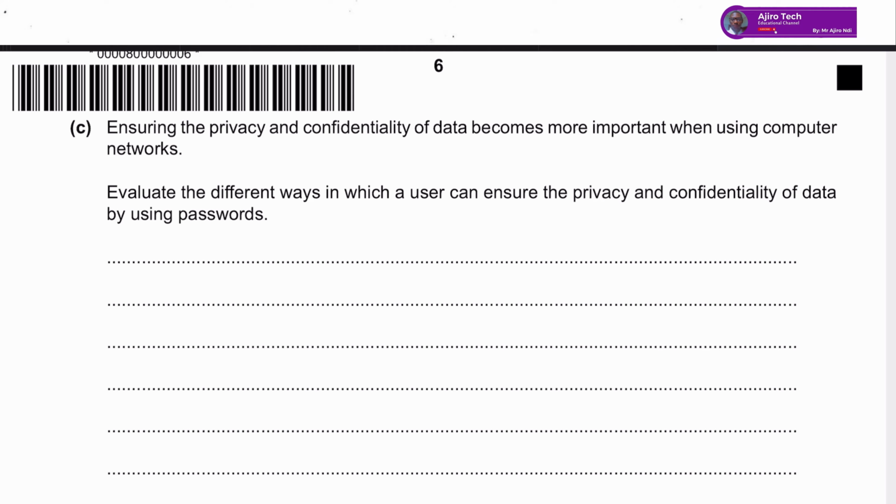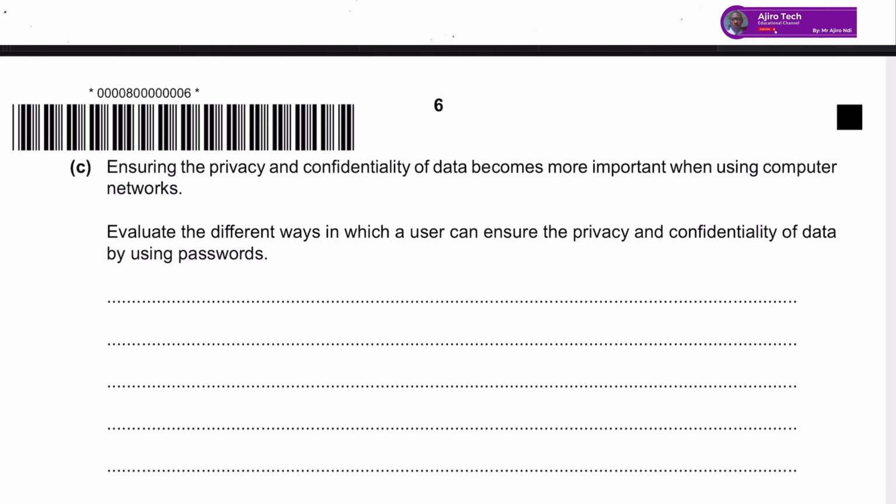Okay, so we've touched on something today. When we talk about passwords, you will see this in chapter 4. So I want to be specific. So I think this is C. Do we have D? Okay, so this is chapter 4, Networks and the effects of using them.